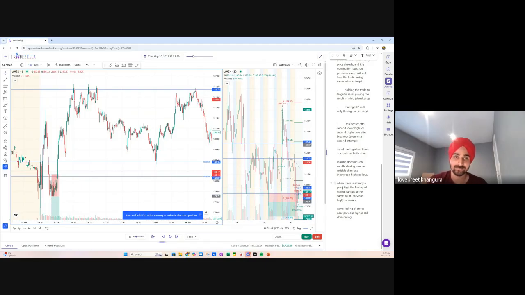But I found if we keep holding our target at the same point, 90% of the time it will hit that target and we'll make that extra 10 cents. It gets harder and harder as it goes towards the target because our mind understands the risk to reward ratio, but it doesn't understand the probabilities of the previous statistics.